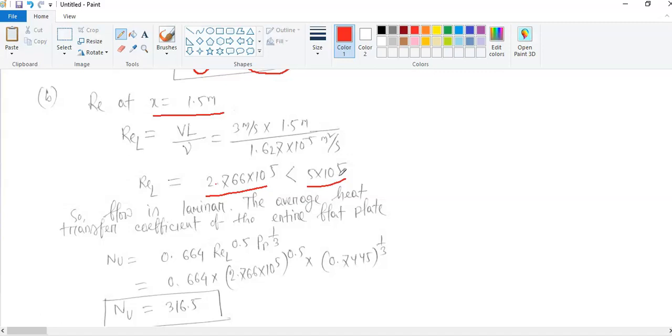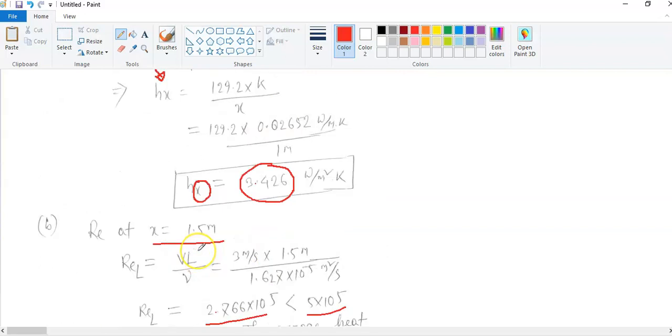But some of you may ask me, okay, the flow is laminar. We calculated the Reynolds number and it is less than the critical Reynolds number, so the flow is laminar. Why are you using a different Nusselt number correlation here?